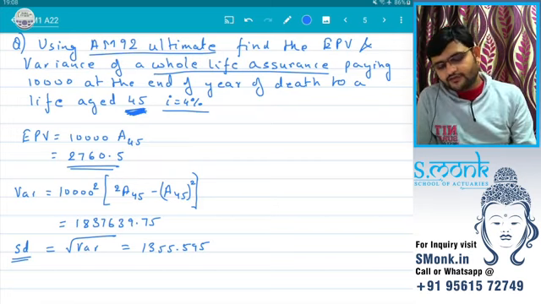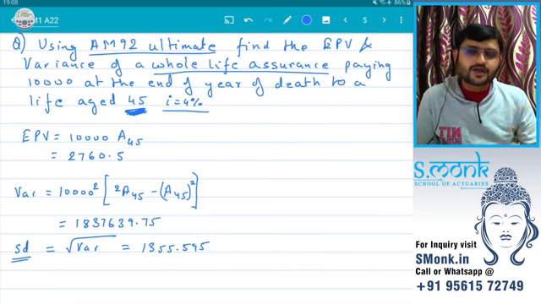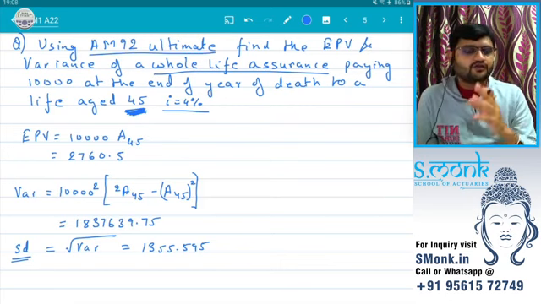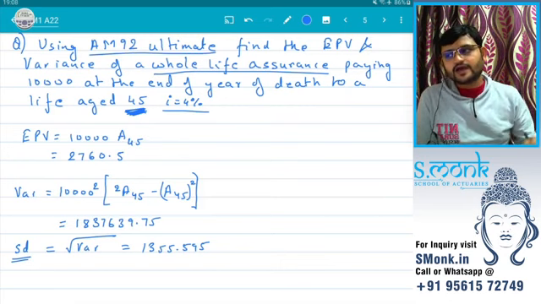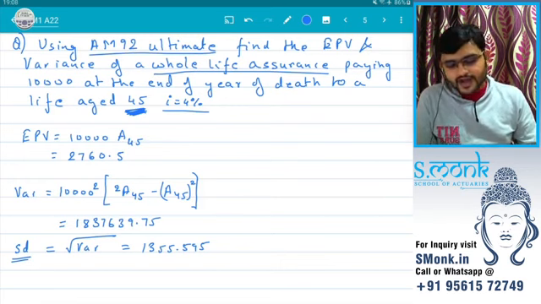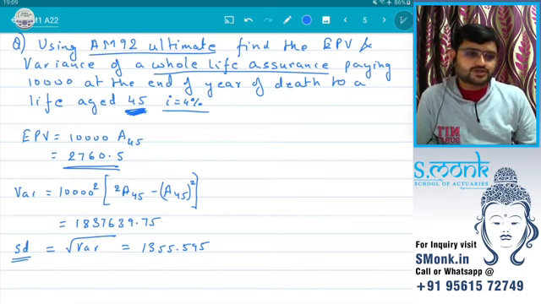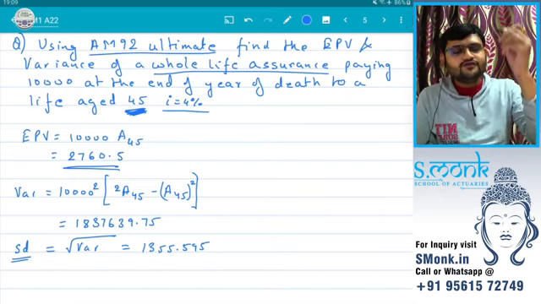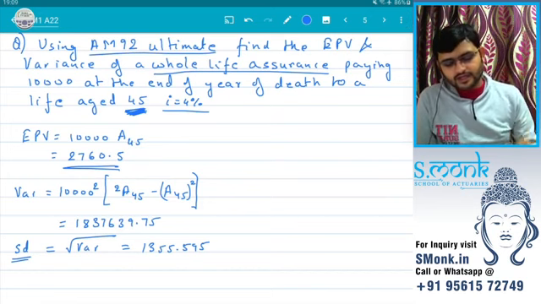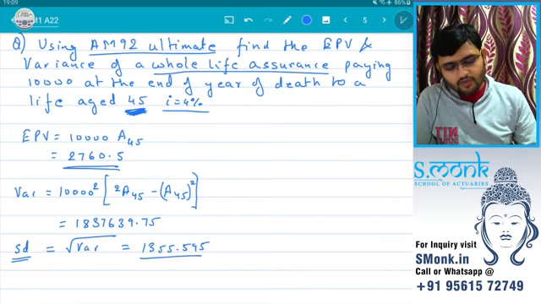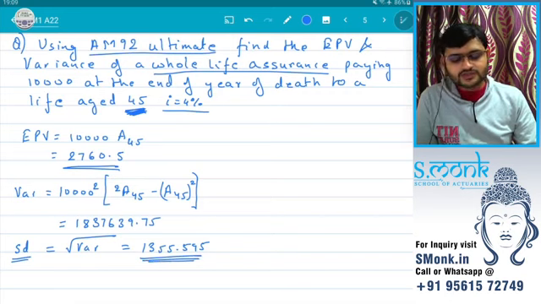So if exactly what we had expected from the past data happens, and these many people die at that particular age, then per person we will get this much cost. But there can be fluctuations in the probability. So it can go as high as this or as low as that.